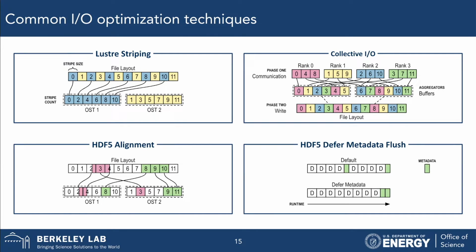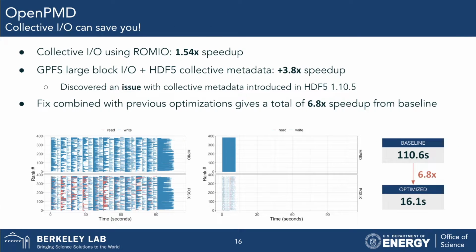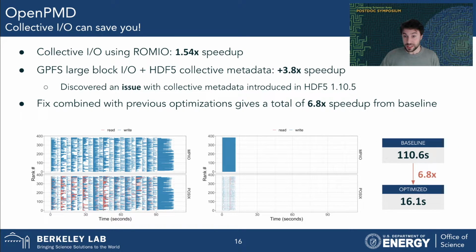So let's see how we can apply these optimizations based on the traces and the things that we see from the DXT Explorer. The first test case that I'm going to show you here is OpenPMD, where collective operations can help us gain performance. If we look at the left side here, we have the execution time, all the different ranks, and the two interfaces, MPI-IO and POSIX.